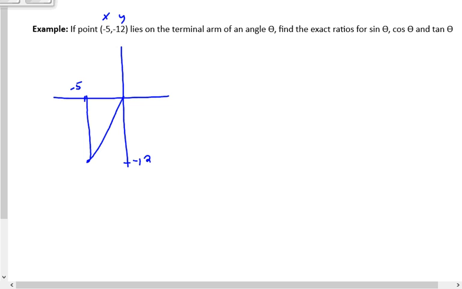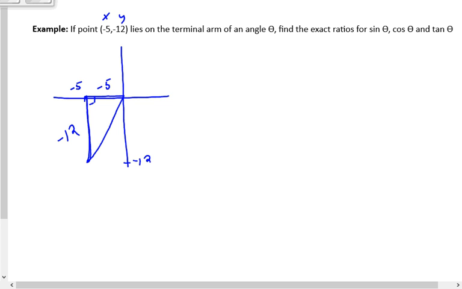Okay, now we need to find the exact ratios for sine, cos, and tan. So basically, this segment of our triangle is going to have a length of -5. This segment of our triangle is going to have a length of -12. We need to figure out what the hypotenuse is going to be. What we can do is use a squared plus b squared equals c squared, so Pythagoras theorem.